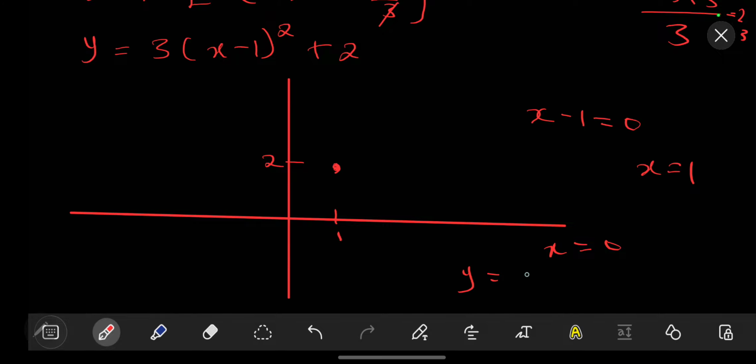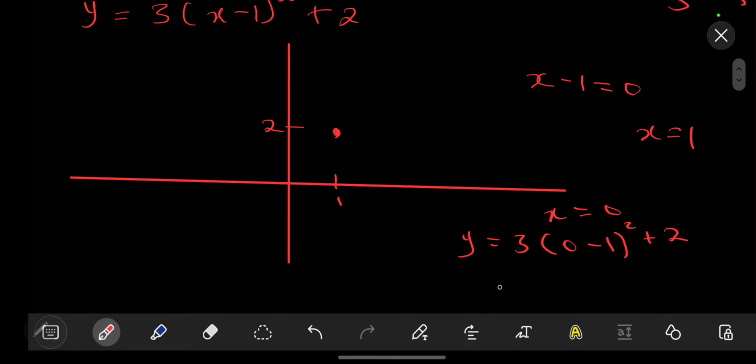So y should be equal to 3, open brackets 0 minus 1, squared, plus 2. Negative 1 squared will give us 1, then plus 2. So this whole equation will be equal to 5. So this graph will pass at 5.